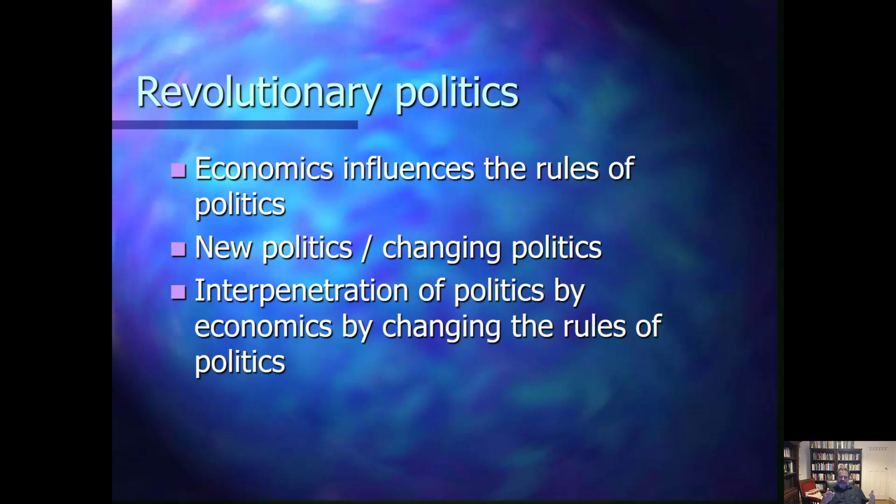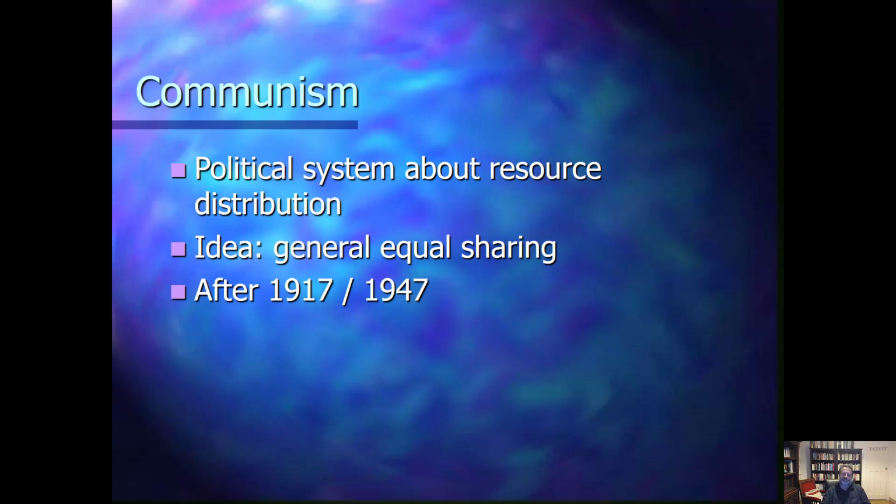So in this way, politics is penetrated by the economics to the extent that the rules of political communications change fundamentally. Effectively, a new political system is set up after the revolution.